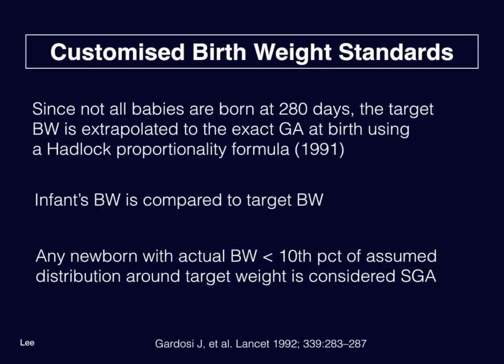Since not all babies are delivered at 280 days, the target weight is extrapolated to the actual gestational age at birth using a Hadlock proportionality formula. The actual birth weight is compared to the target birth weight. Any newborn with the actual birth weight less than 10th percentile would be classified as SGA by the customized standard.